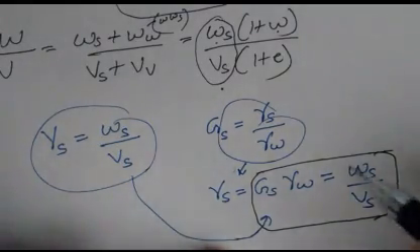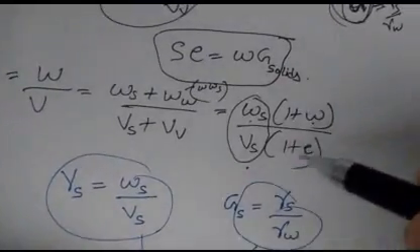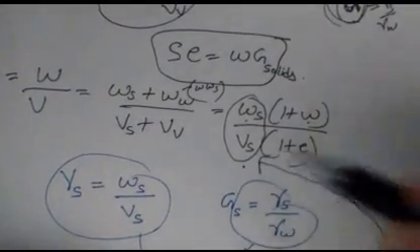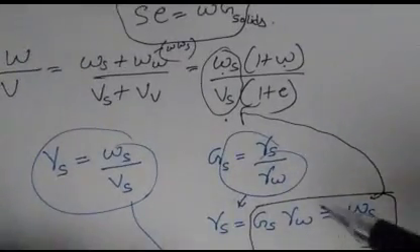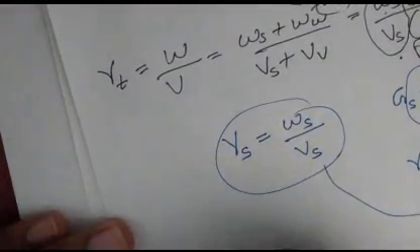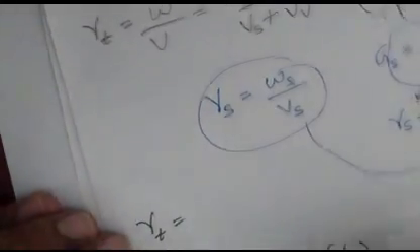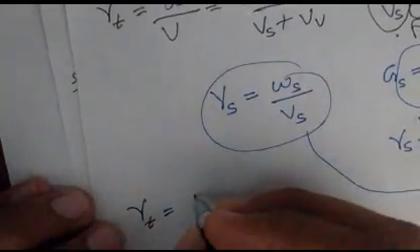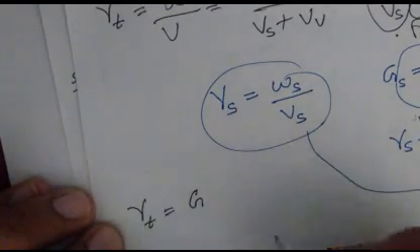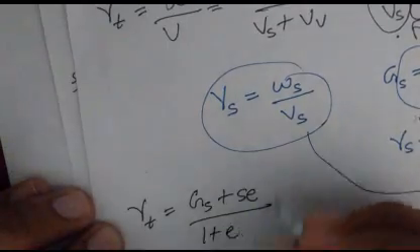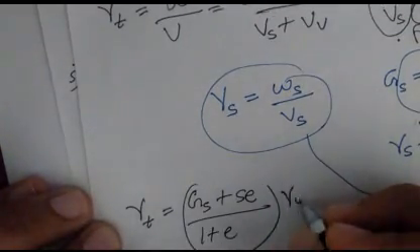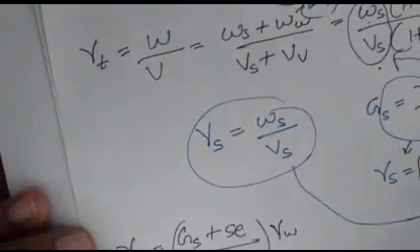Here I am having this thing, so I can use this directly. WS by VS is equal to GS gamma W. What it becomes is gamma T is equal to GS plus S E by 1 plus E into gamma W. Hope you got it.